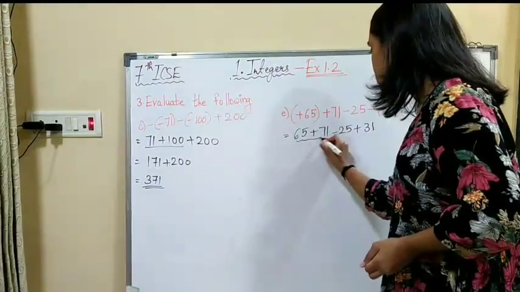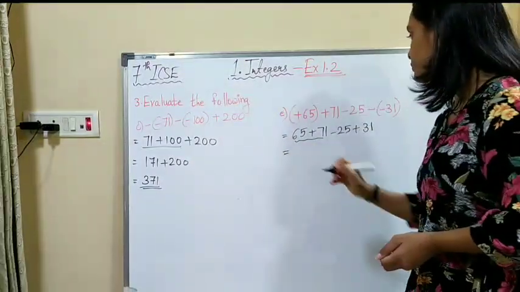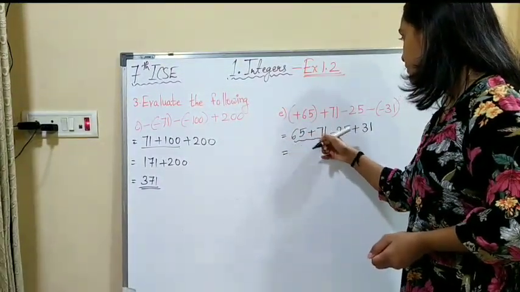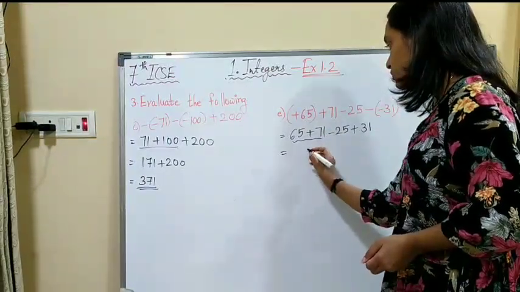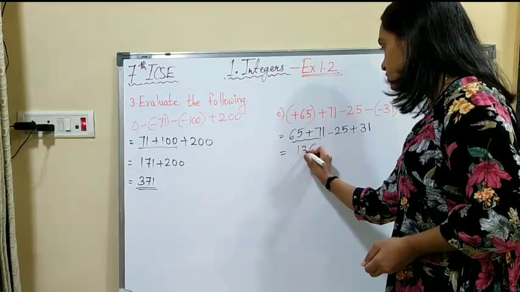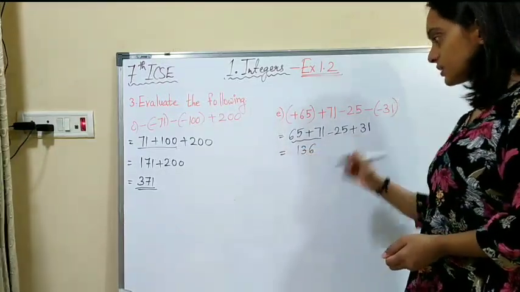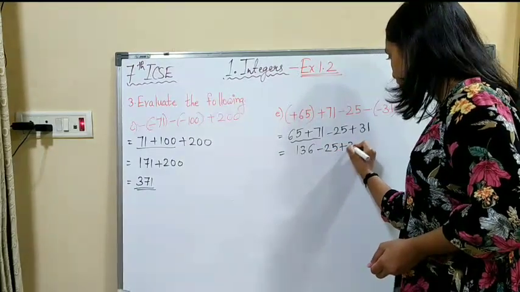Now you will consider two numbers together. So it will be 65 plus 71 will give you 136 minus 25 plus 31.